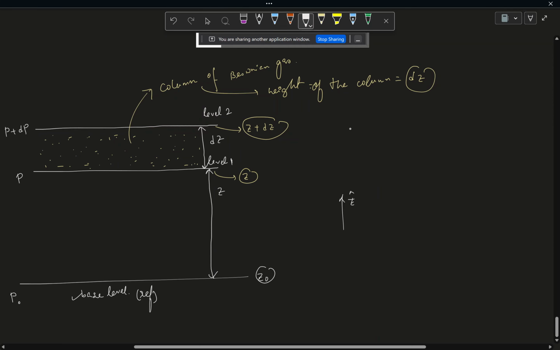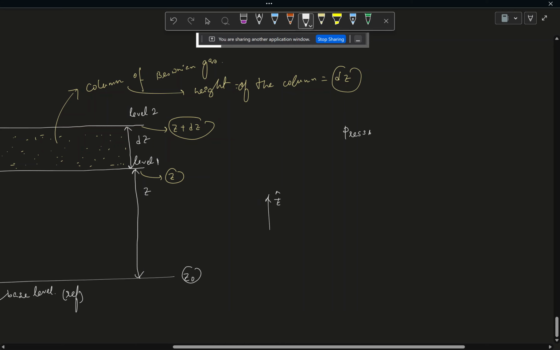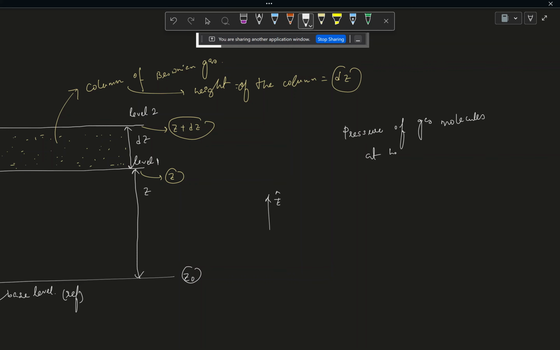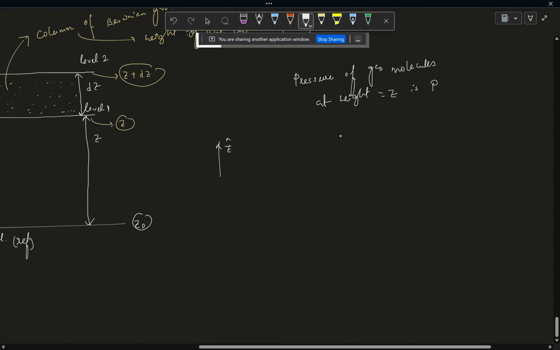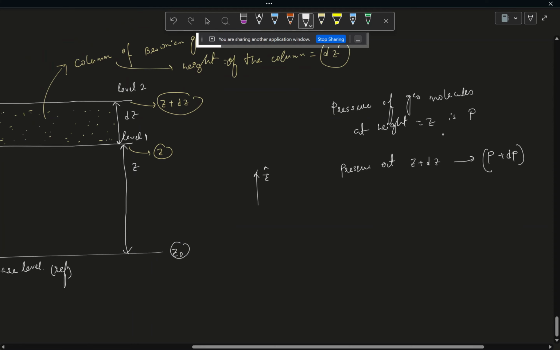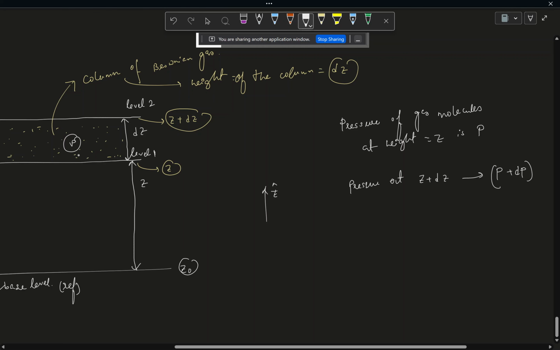So the pressure of the gas molecules at height z plus dz is equal to slightly higher, P plus dP, and the density that the column of gas here has is rho, which is the mass density, mass per volume.